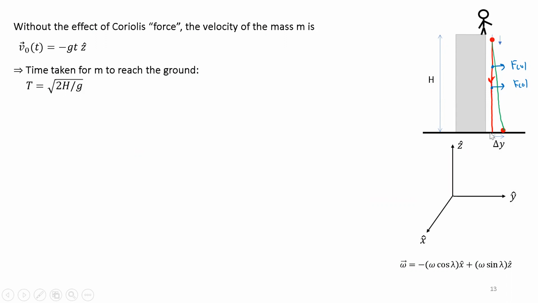But it turns out that because we are on the Earth's surface, the actual trajectory will not be a straight line, and at the end, when the ball reaches the ground, it has a slight horizontal displacement.